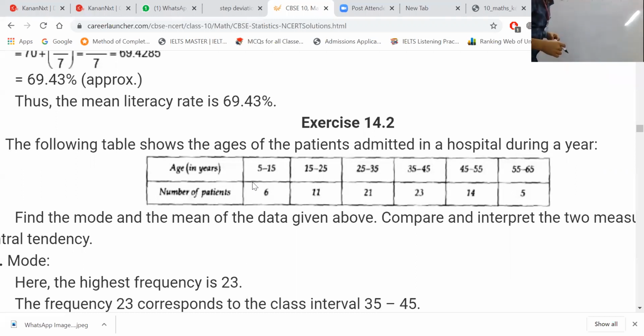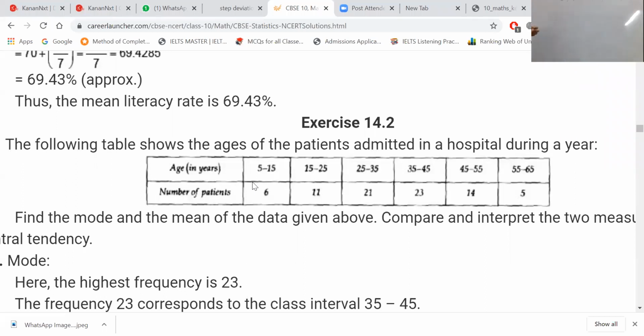The first class is 5 to 15, then 15 to 25, 25 to 35, 35 to 45, 45 to 55, and at last 55 to 65.